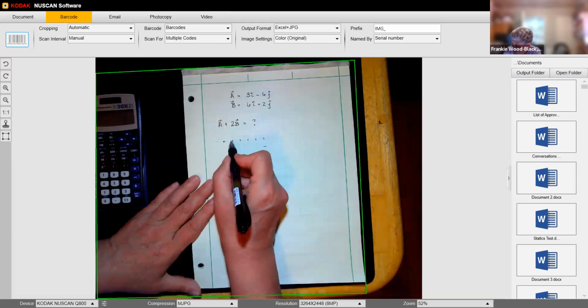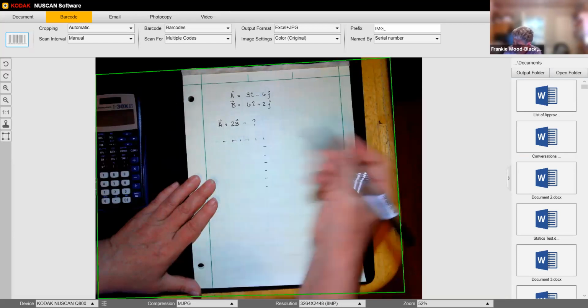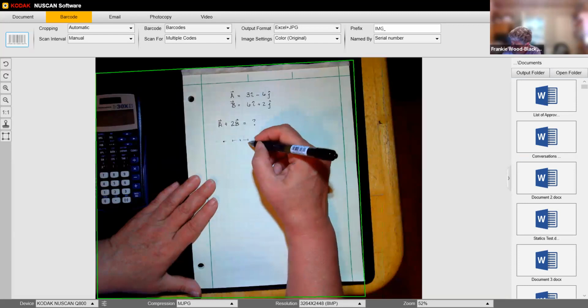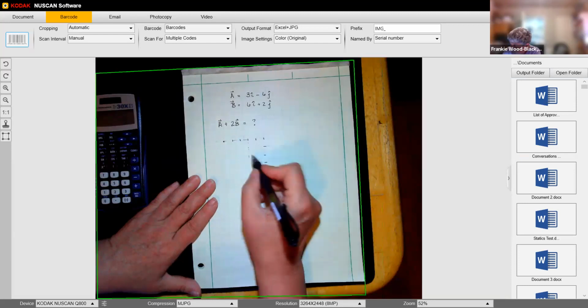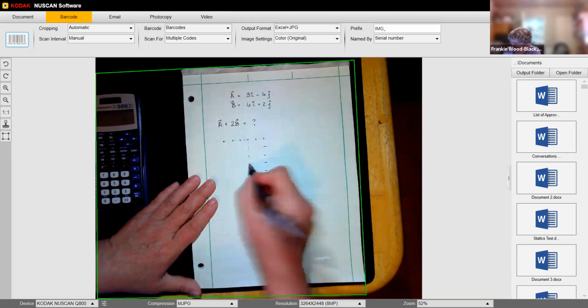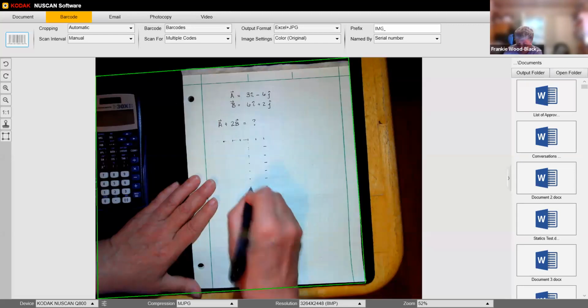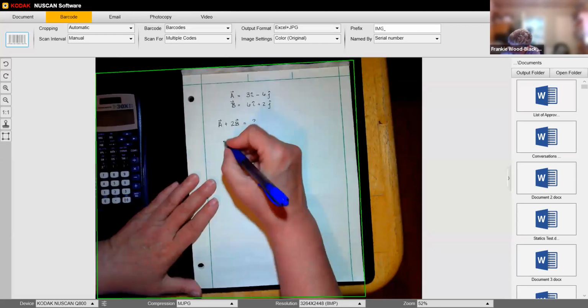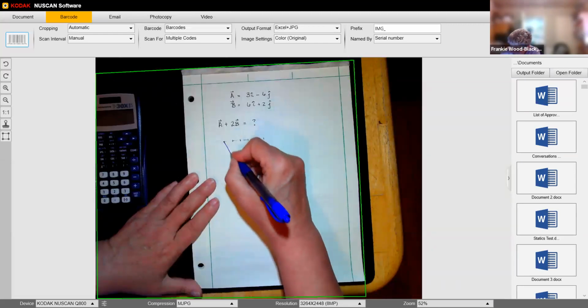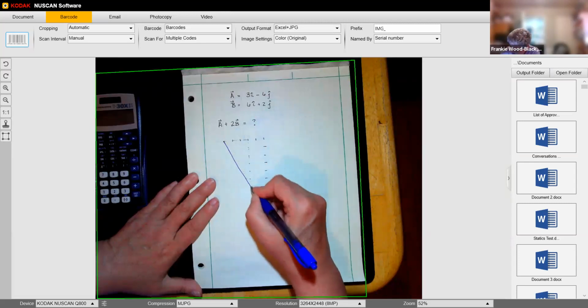So I'm going to go over here. So I'm plus 3. And now I'm going to come down 6. So this is 1, 2, 3, 4, 5, 6. So my vector A looks just like that.